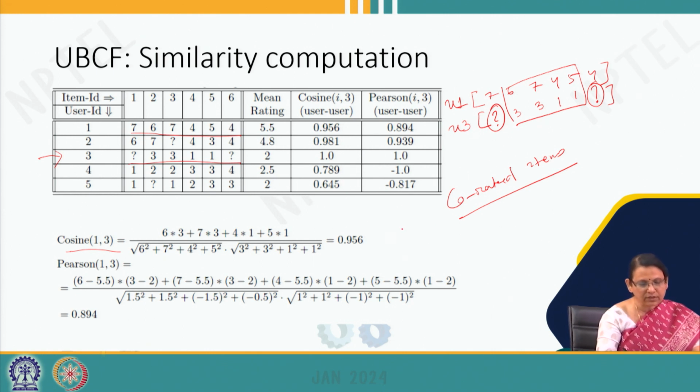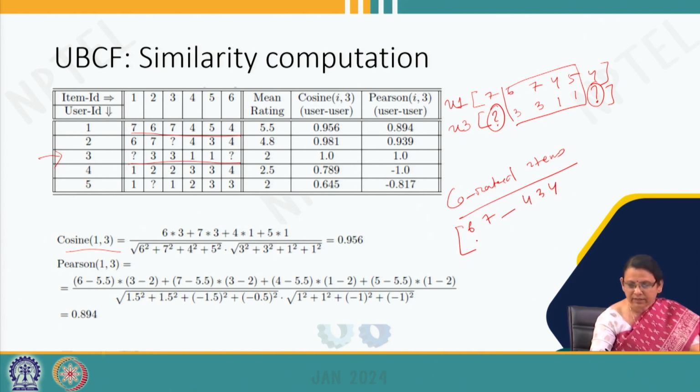When we consider user 3 and user 2, the vectors are 6, 7, no value, 4, 3, 4, and this one is again no value, and for the other 3, 3, 1, 1, no value. So, this is user 2, this is user 3.